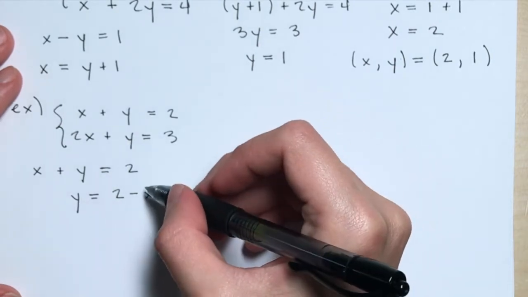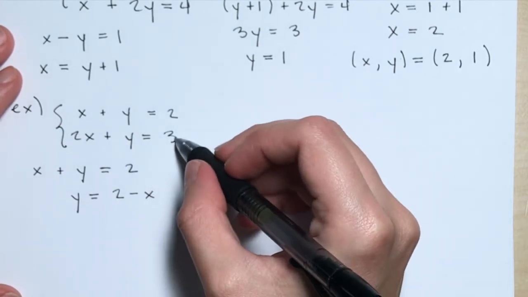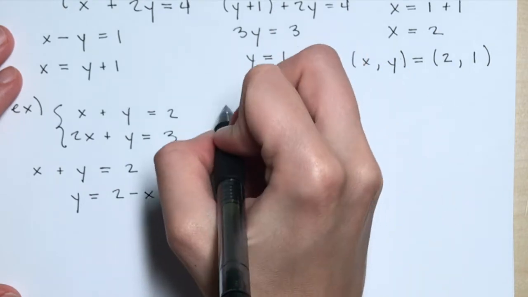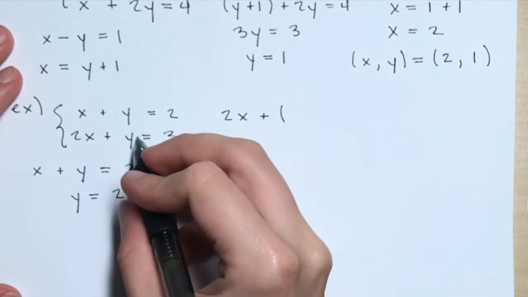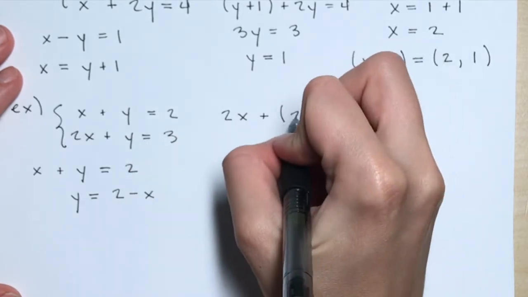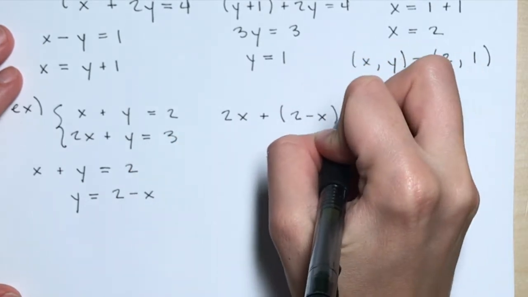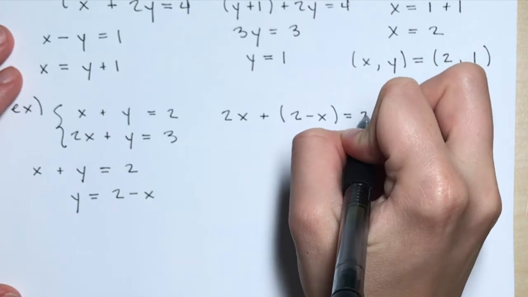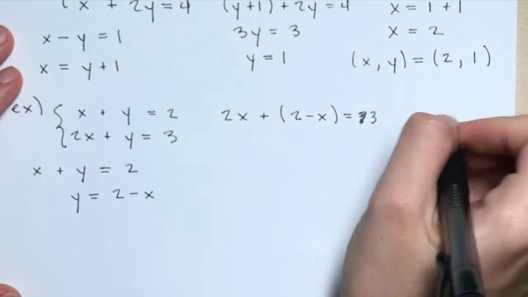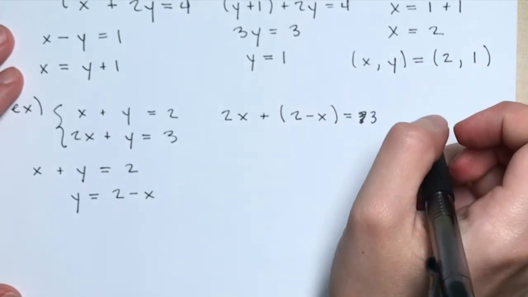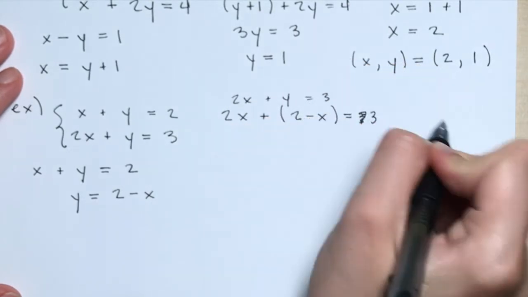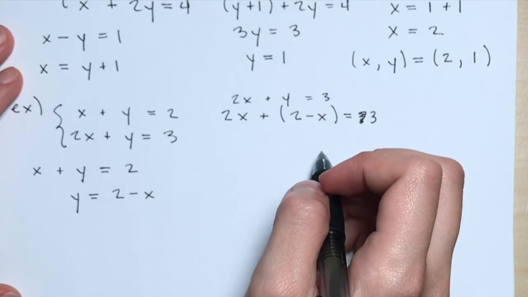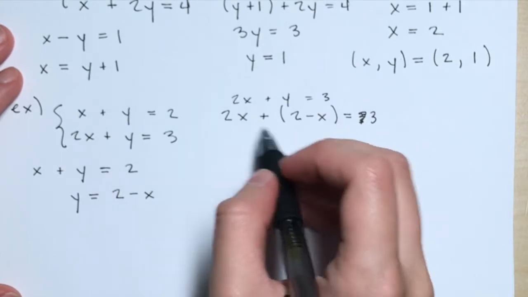We can plug that into our second equation. So we get 2x plus (2 minus x), and all this equals 3. Oh no. And again, this is coming from 2x plus y equals 3. We combine like terms.